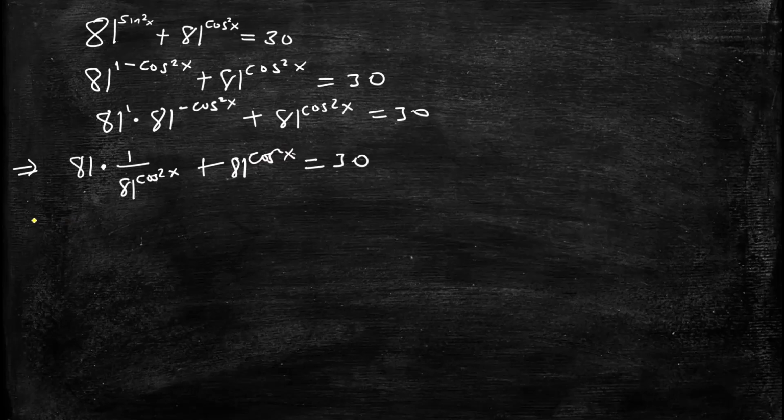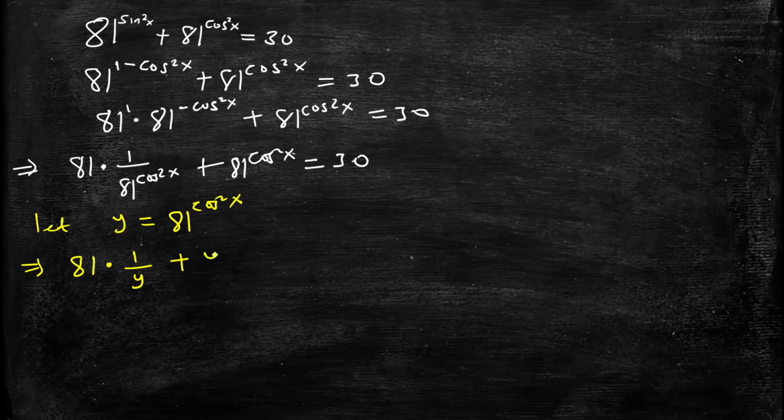So let y be 81 exponent cos squared x. Going forward, you can say 81 times 1 over y plus y equals 30.